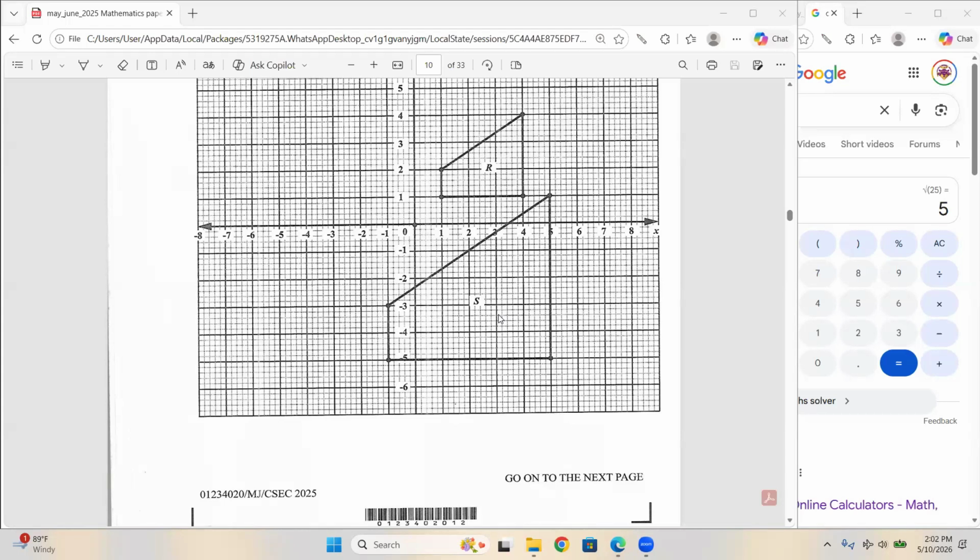For construction questions, you are not allowed to use the protractor to draw your angles. You could use the protractor to measure and see if you did your construction correctly.